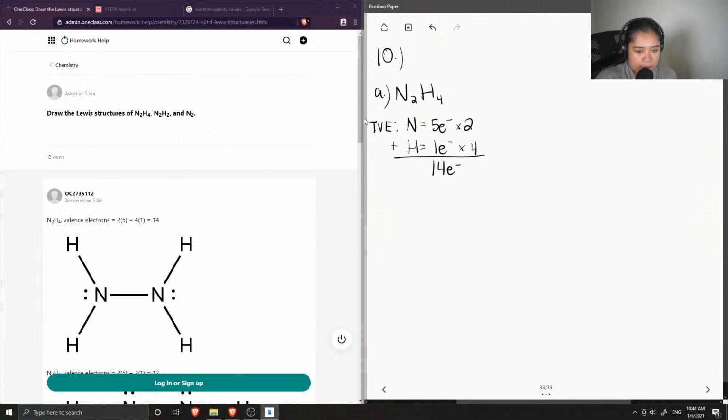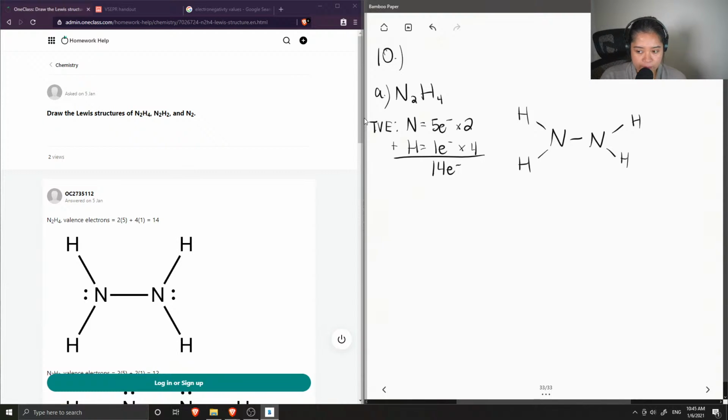And now let's draw our nitrogens bonded together. And then symmetrically all around it, I'll draw the 4 hydrogen atoms. And notice that if we count out how many electrons I've drawn so far, each bond contains 2 electrons. So we only have 10 so far in this structure.